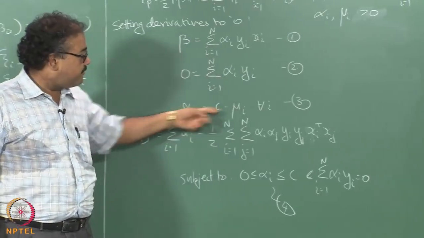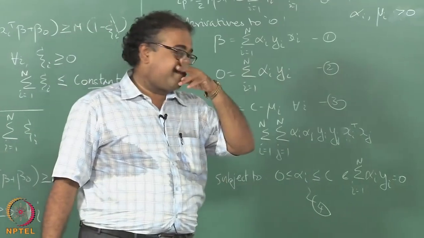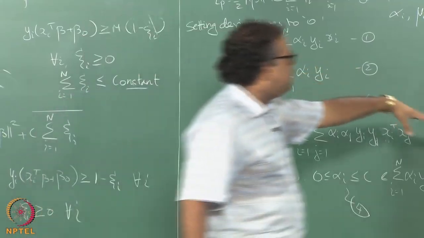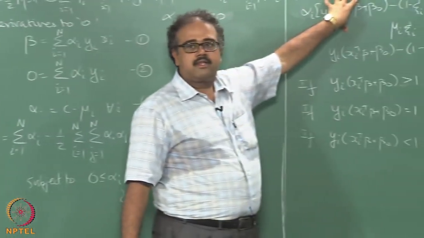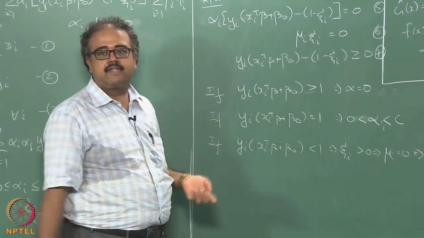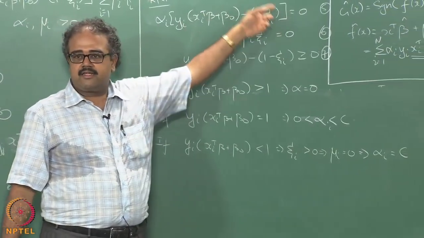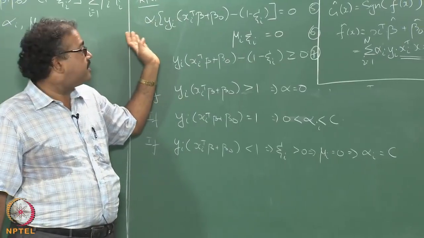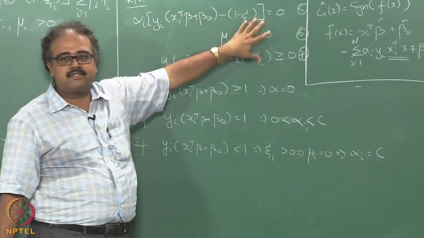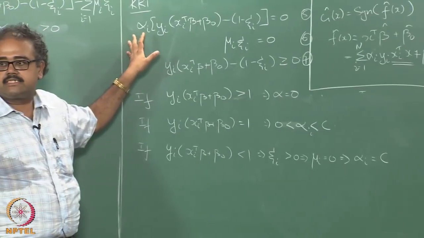Because my alpha is c minus mu i. So if my xi is non-zero, then my mu i will become 0, therefore my alpha i will become c. So now how will this term go to 0? By suitably making xi large enough, so that this term, which will be negative or less than 1, goes to 0. I will adjust xi so that this term in the square bracket goes to 0, because my alpha i will be c.